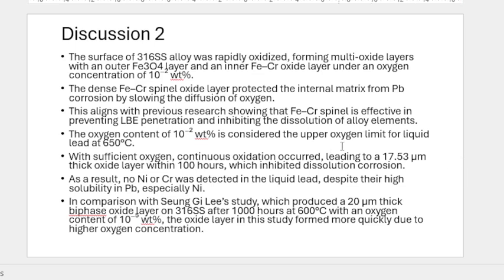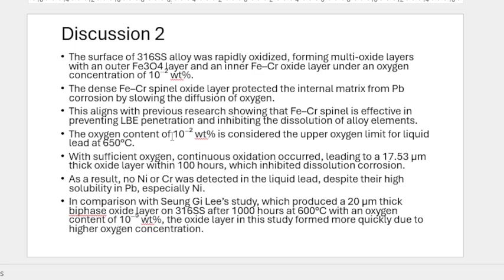This aligns with previous research showing that FeCr spinel is effective in preventing LBE penetration and inhibiting the dissolution of alloying element. The oxygen 10 to minus 2 is considered the upper oxygen limit for liquid lead at 650 degrees C.